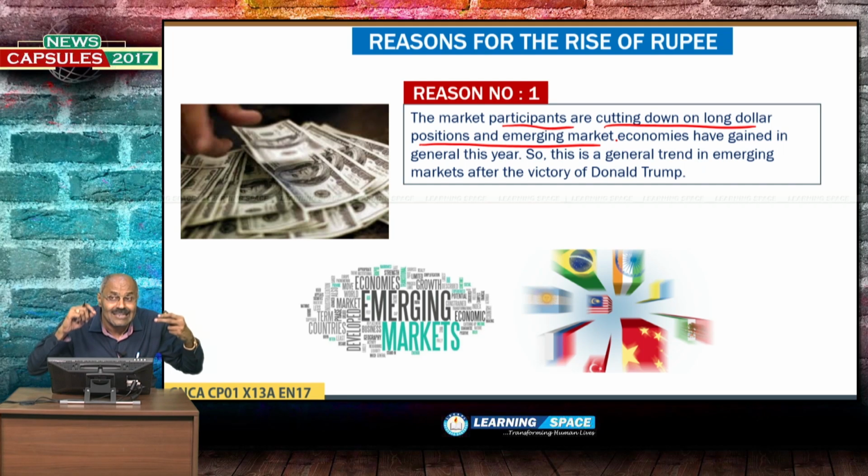Normally, if they feel that the dollar will gain in the future, they take long positions, they purchase currency and hold it. But now, because of the election of Donald Trump, market participants are cutting down on long dollar positions. That means they are not purchasing the currency for taking long term positions.